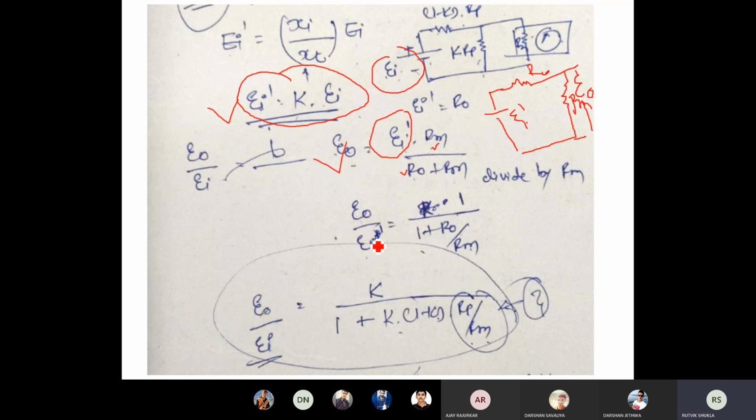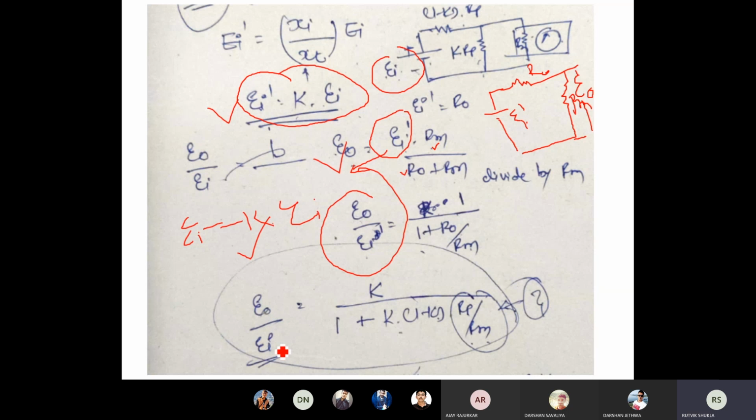Now EI dash I am going to take on the other side. EI dash ને આપણે અહીંયાથી આ side લઈ લીધું from here to here. So EI dash comes over here, so the ratio is EO by EI dash. Now again I am dividing the whole equation, denominator and numerator by RM. So here RM by RM, so 1, RM by RM, so 1, RO by RM, so 1 upon 1 plus RO by RM. Again what I am doing is EI dash is equal to K into EI. So I am going to put this equation over here.